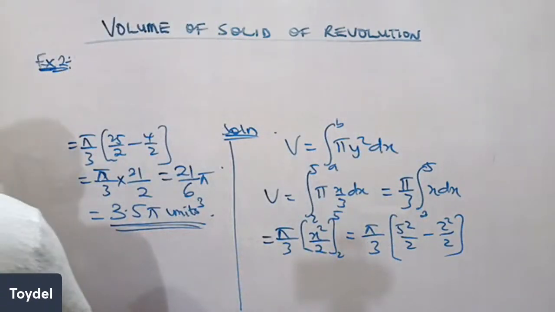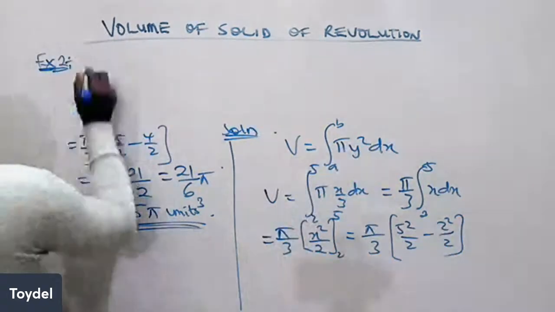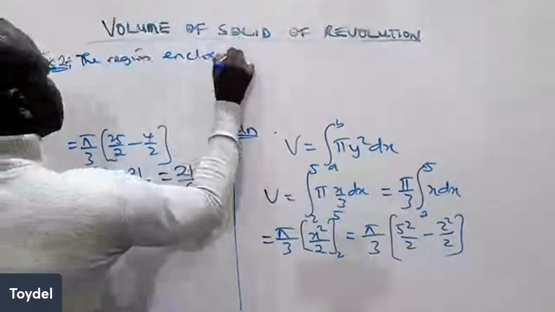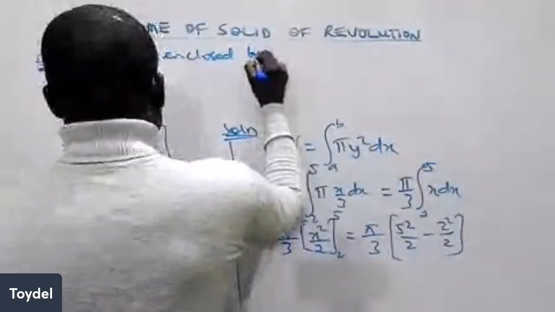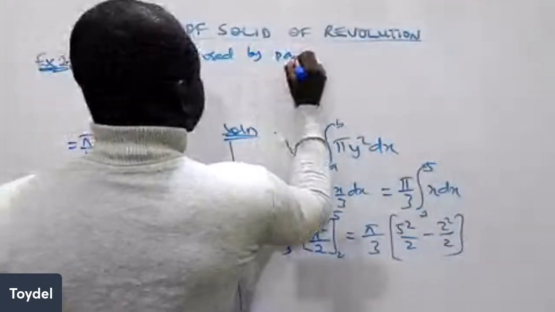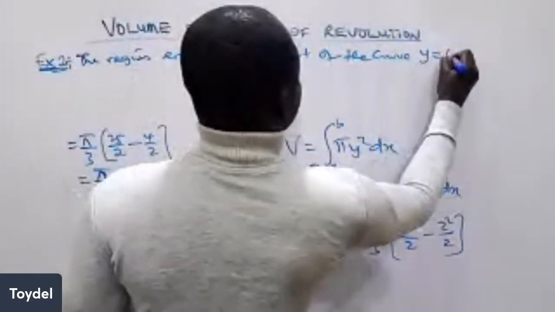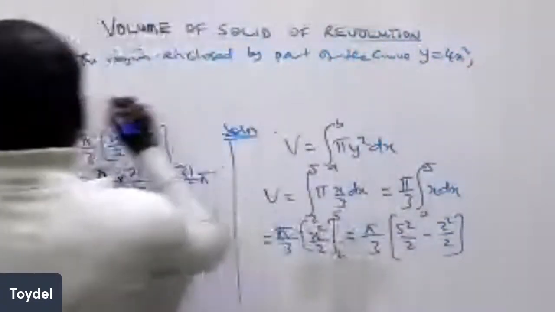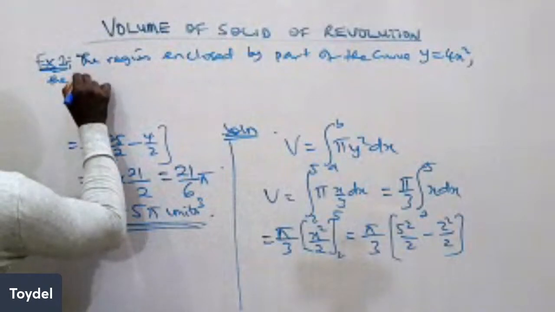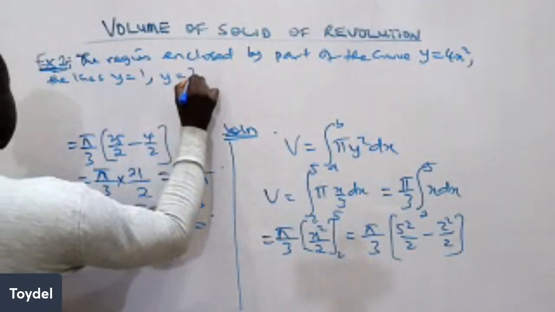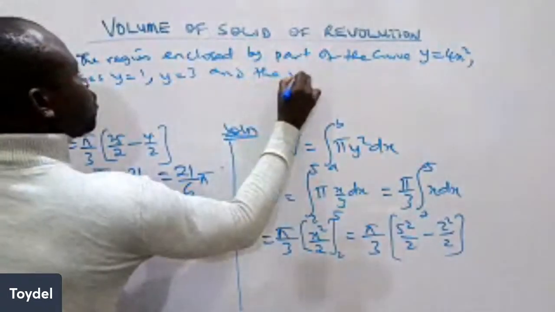Now let's use an example where we have the region enclosed by part of the curve y is equal to 4x squared, the lines y is equal to 1 and y is equal to 3, and the y-axis.